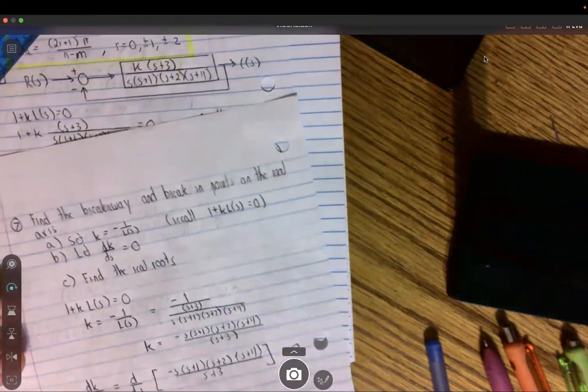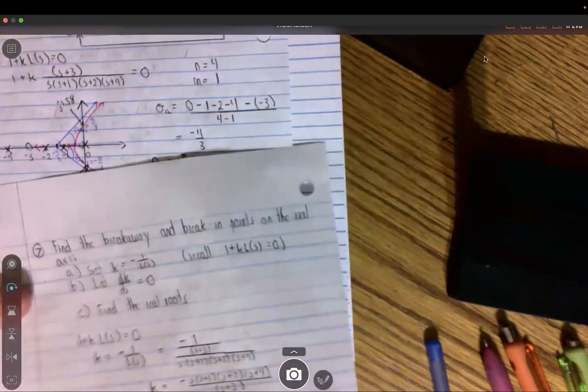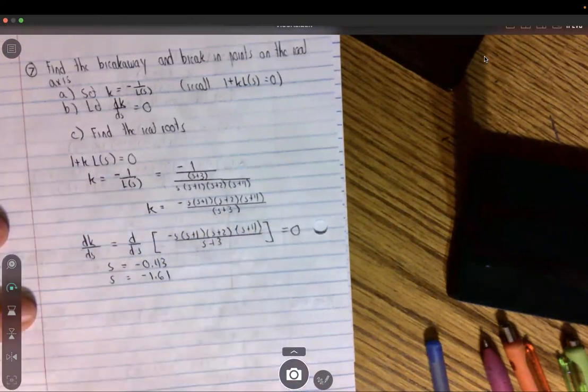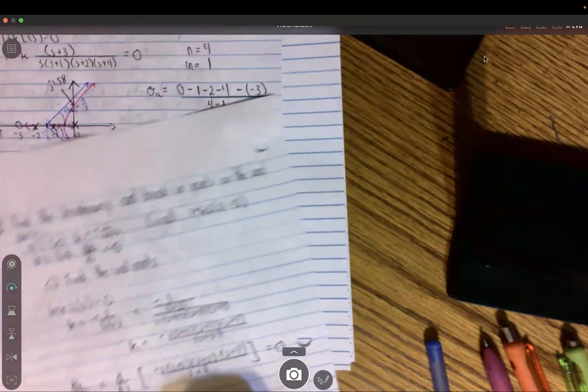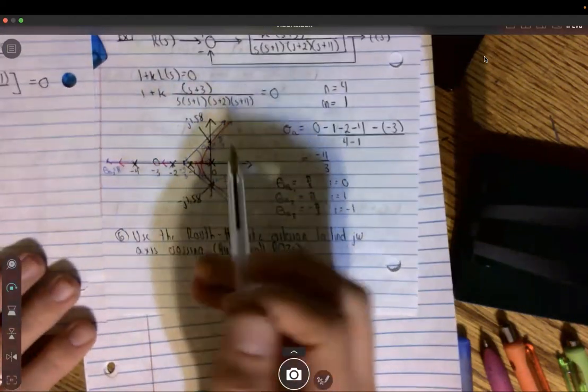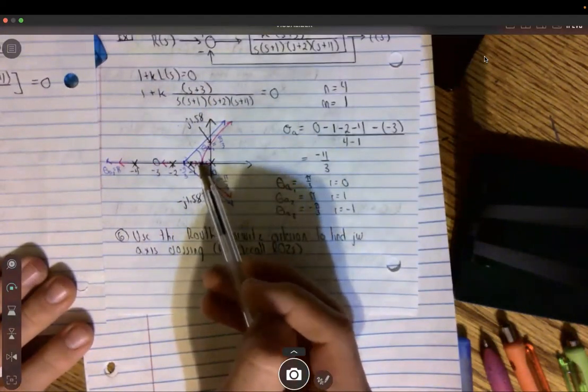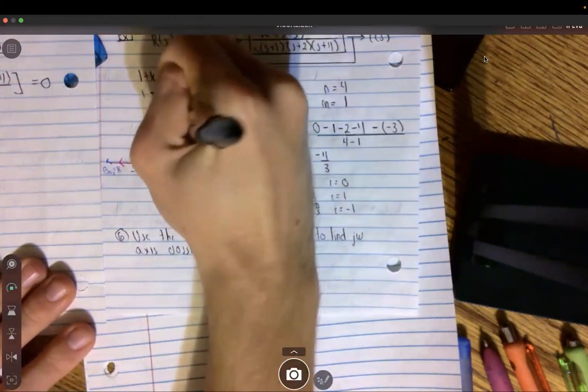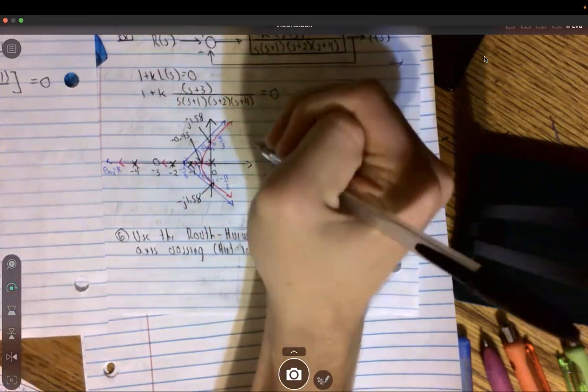What we need to look at is, do these two make sense? When you take the derivative and find the values where it equals 0, you find those breakout or breakaway points. Looking at the root locus, negative 0.43 makes sense because it breaks out.